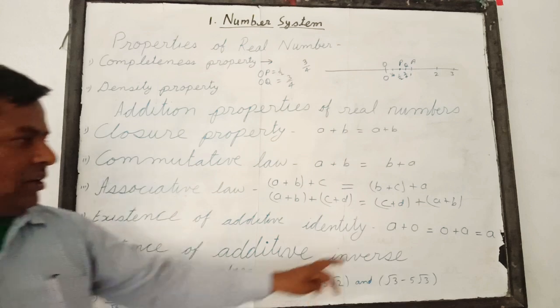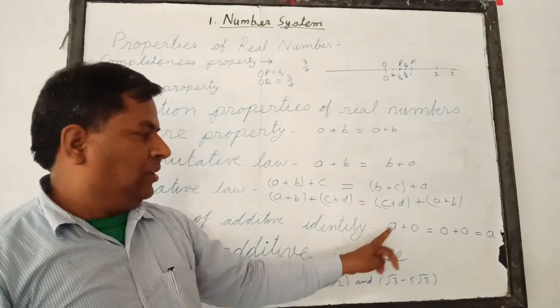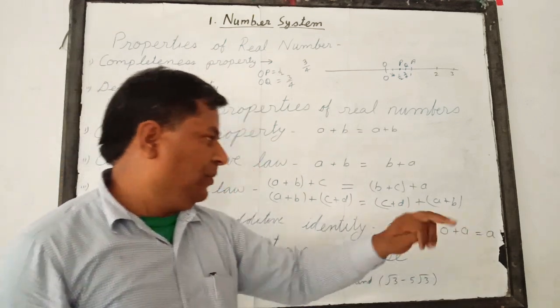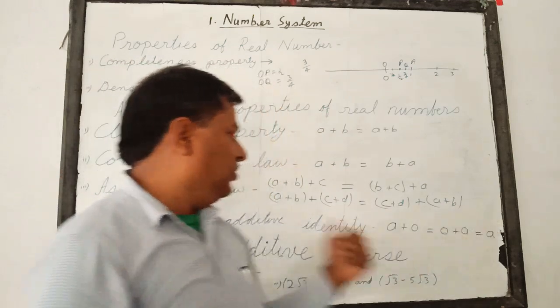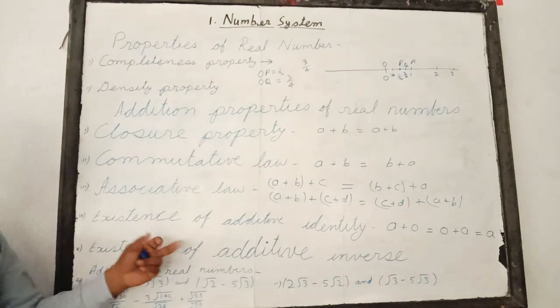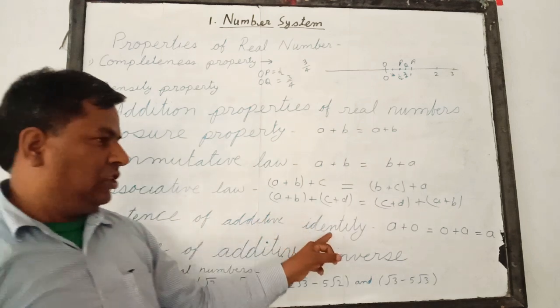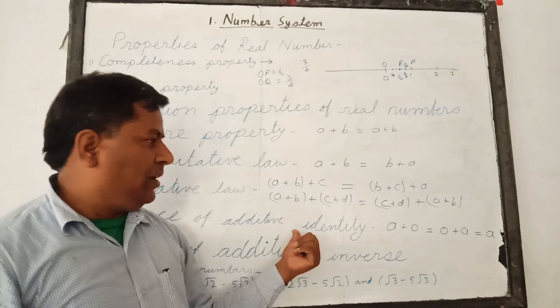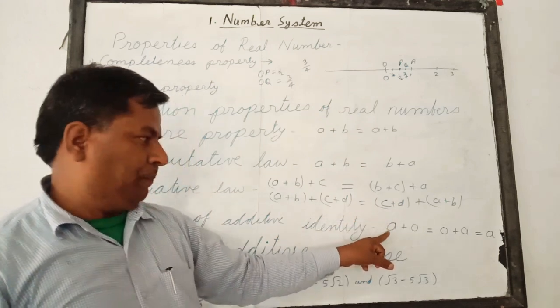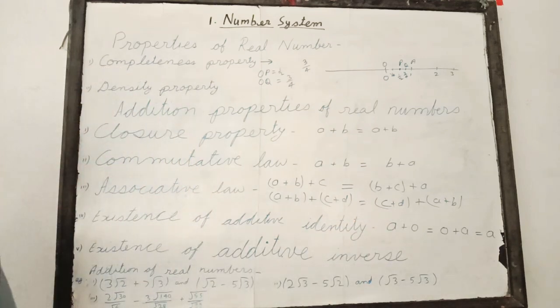By adding 0 to any real number, the sum remains the same. So A plus 0 is equal to 0 plus A is equal to A. This law is called the existence of additive identity. So when we add 0 to any real number, our answer will be that real number only. So this is additive identity.